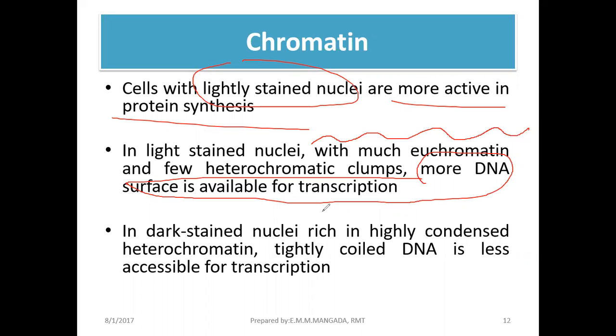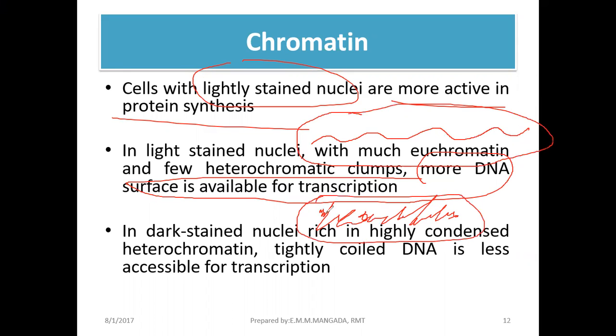Unlike your heterochromatin, 'di ba, na masyadong clump. Sorry, mahirap mag-ano guys dito. Kaya unlike ito, yung euchromatin mo, ganyan siya stretch. Ito, kumpul sila. So, in dark stained nuclei rich in highly condensed heterochromatin, tightly coiled DNA is less accessible for transcription.